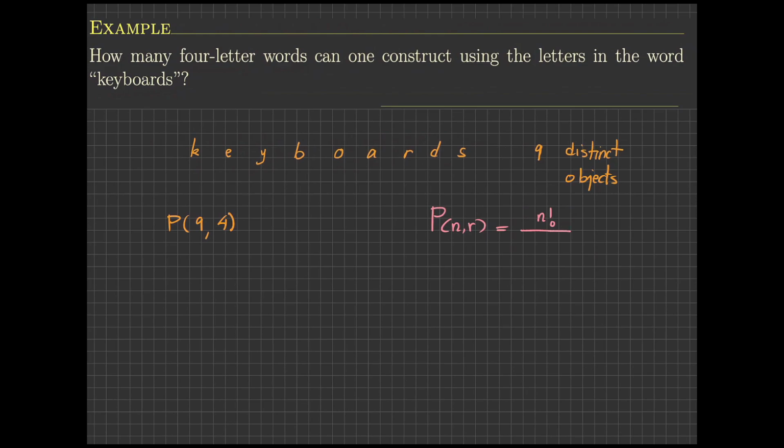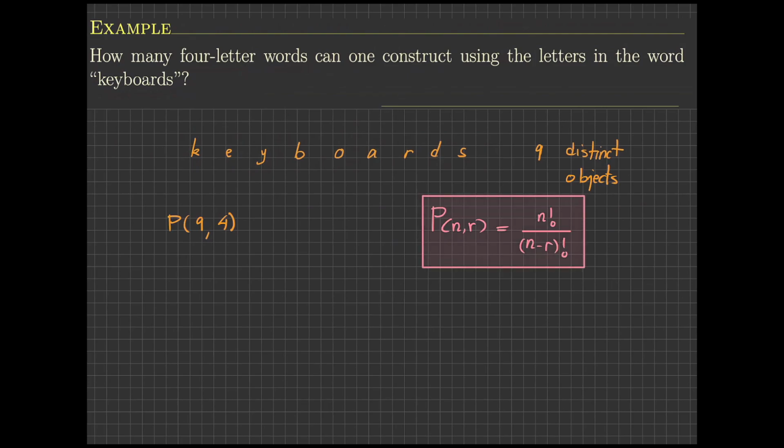So I use it here: this becomes 9 factorial divided by (9 minus 4) factorial. 9 factorial is 9 times 8 times 7 times 6 times 5 factorial.